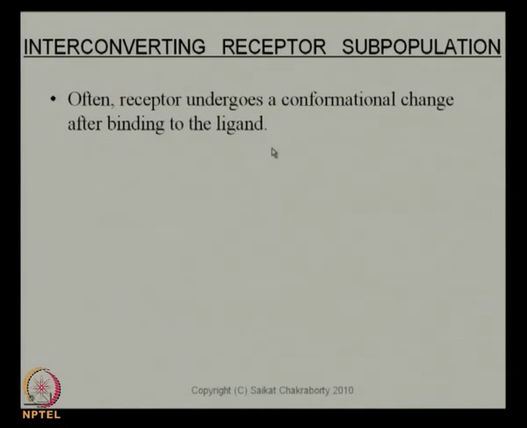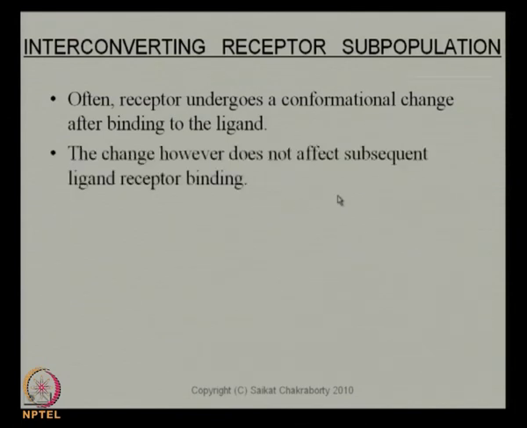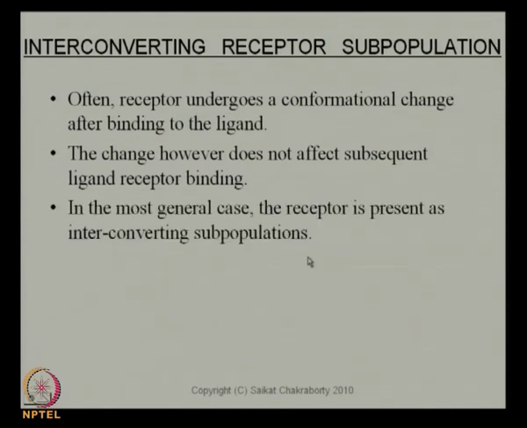Here it is not two completely different receptors, but the same receptor undergoing a conformational change, and as a result the dissociation and association constants differ. The change however does not affect subsequent ligand-receptor binding. In the most general case, the receptor is present as an interconverting subpopulation. That is what we are going to model today.